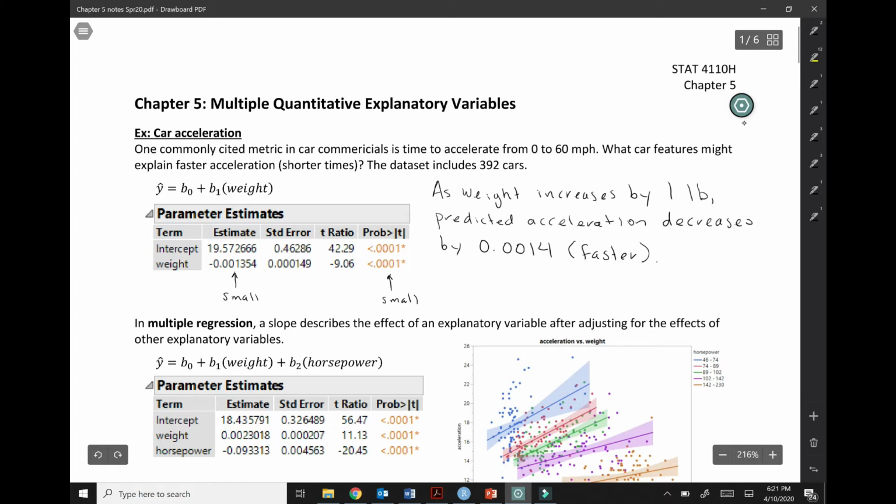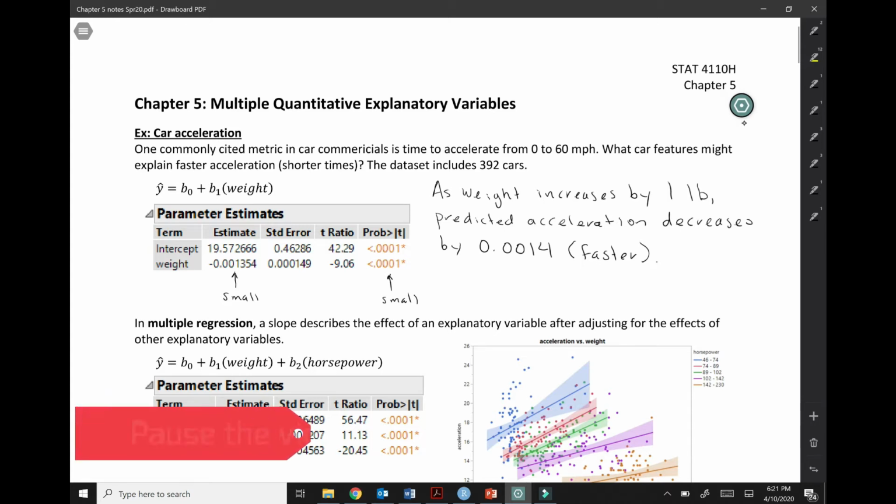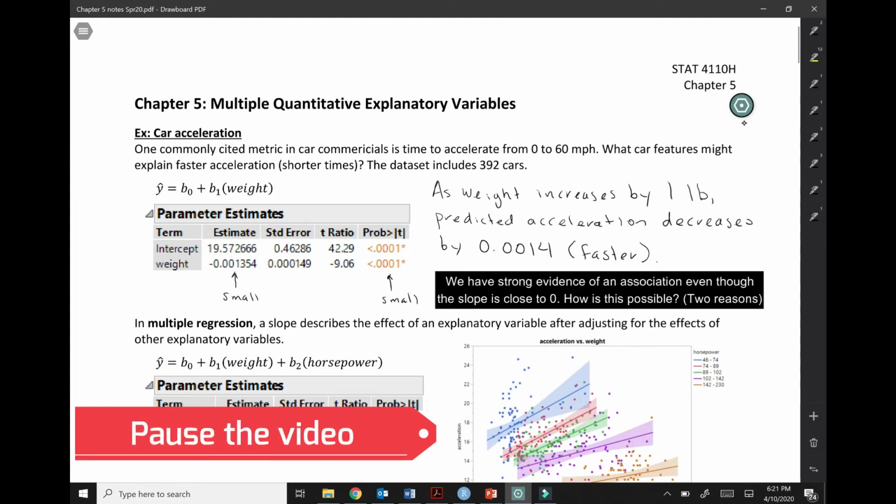That seems strange. How could a slope that seems pretty close to 0 give us a small p-value? So go ahead, pause the video one more time, and there's actually 2 things that are related to this. So see if you can come up with 2 reasons why you might have a small slope close to 0, and a small p-value, statistically significant evidence.